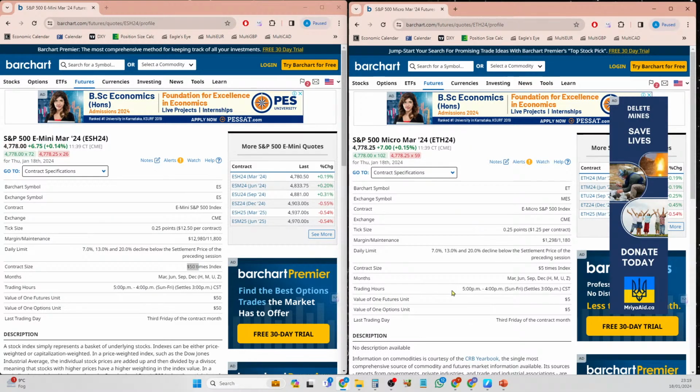Now the trading hours are the same for both, and CST is basically Central Time for the US. So you will have to calculate your own time window as per the Central Time. The quickest way to do that is basically using Google. You can convert CST to IST.